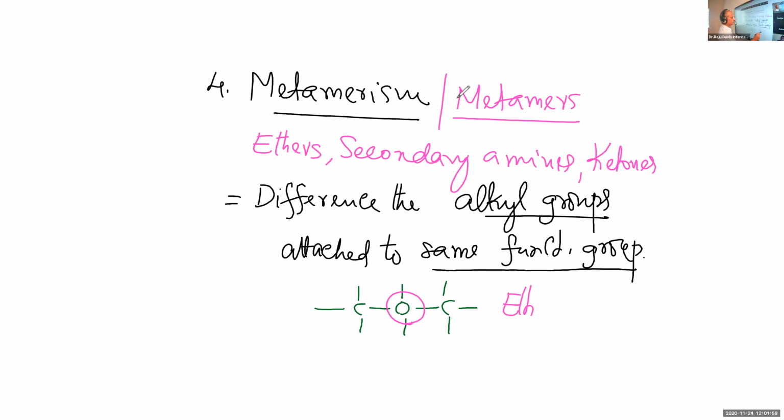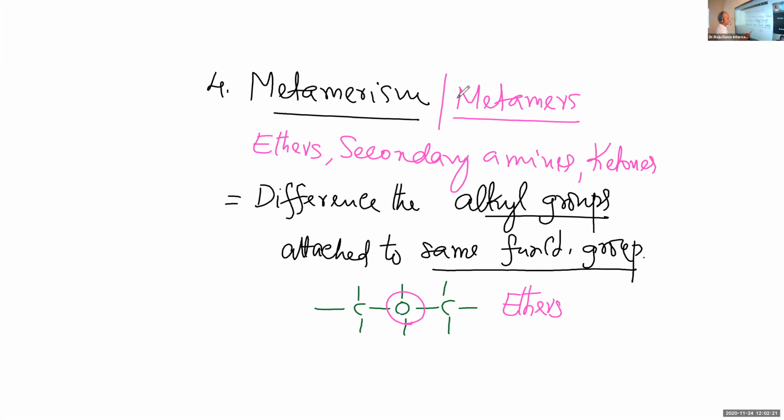We have to study that in the second year, ethers. In the ethers, there is the ether linkage, known as the oxide linkage. That oxide linkage is between two carbon atoms.